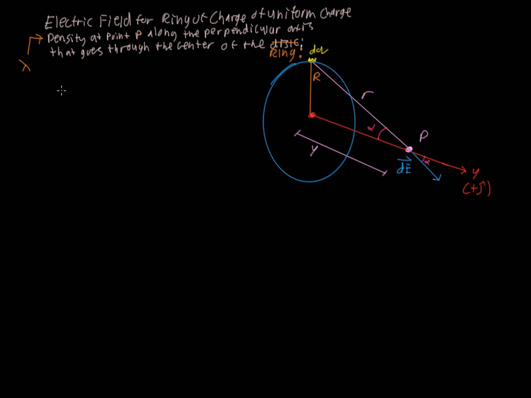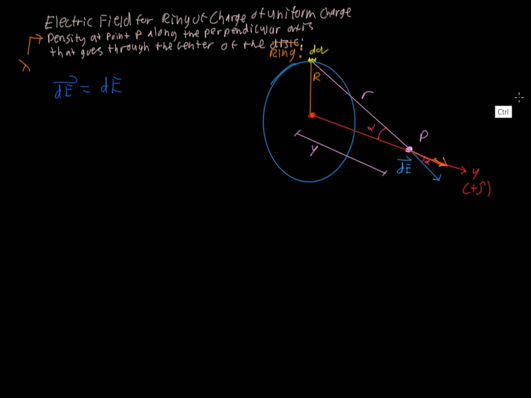So let's start by writing our dE as components. If we want to break this into components, we have this component along here, and we'll call that dEy, since it's along there. And then we have this other component right here. I have to draw this somewhat accurately.